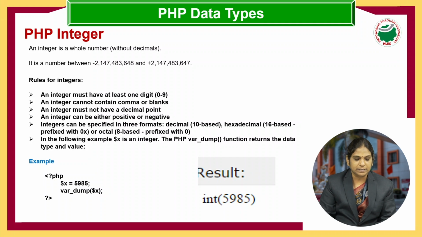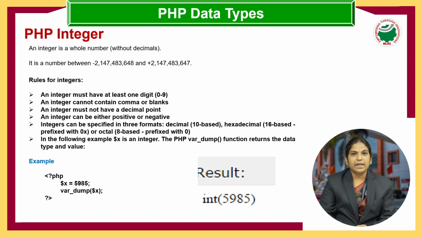Any numeric value without a decimal value is treated as an integer. An integer must have at least one digit, from 0 to 9, and it cannot contain any blank space or comma, and it should not have a decimal point, because if it contains a decimal point, its data type changes. So any numeric value without a decimal point comes under the integer data type.